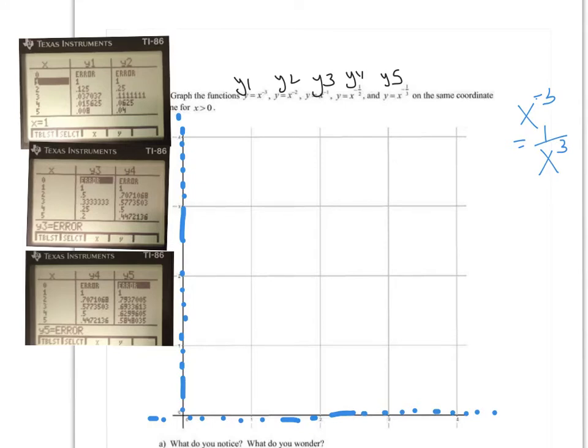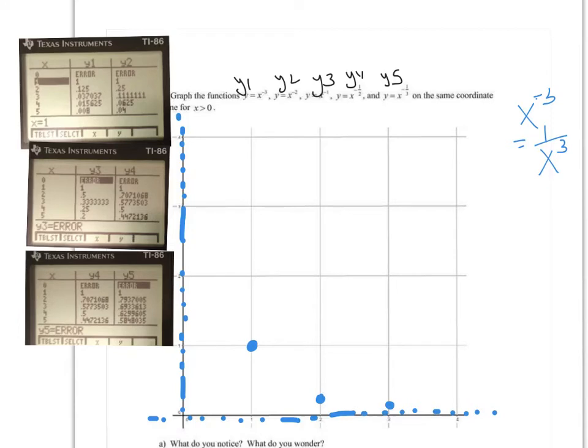They only give us integers here, so we'll have to approximate our decimals. (1, 1) is a nice point. Then 0.125, and then 0.03, that's really down there.